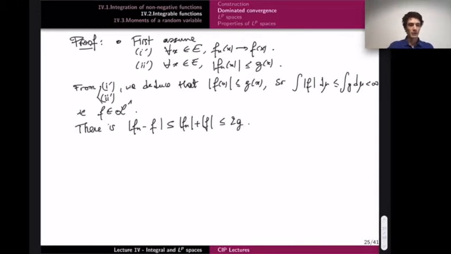So here is how I do that. For Fatou's lemma, I need non-negative functions, which is why I notice that 2g is bigger than |fn - f|.